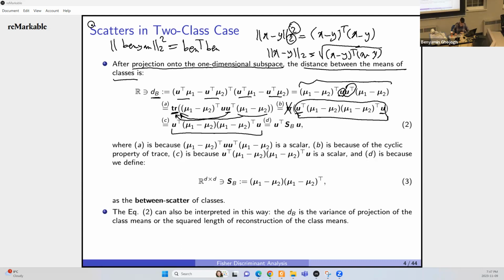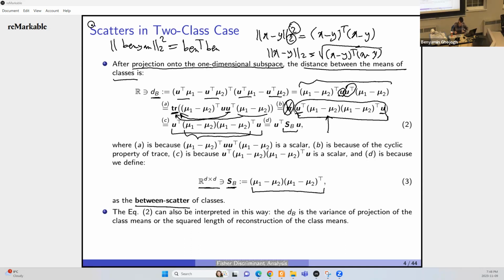I would not be able to drop the trace if the inside were not a scalar anymore, but it is a scalar. Then this thing we define to be S_B. B stands for between classes, between the two classes. It's the scatter between classes, the between scatter.